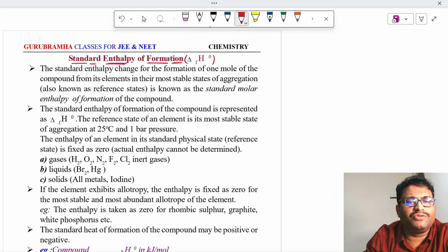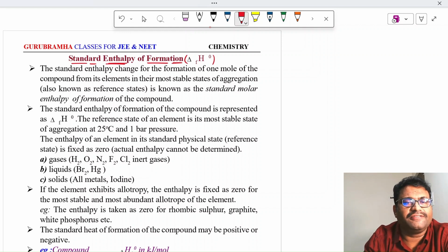Just now we said during an exothermic reaction there will be a net release of energy, and during an endothermic reaction there will be a net absorption of energy. So when a compound is formed, energy can be either released or absorbed.